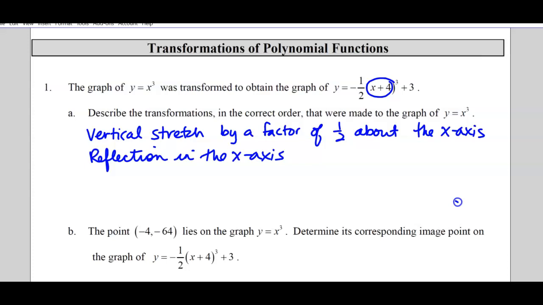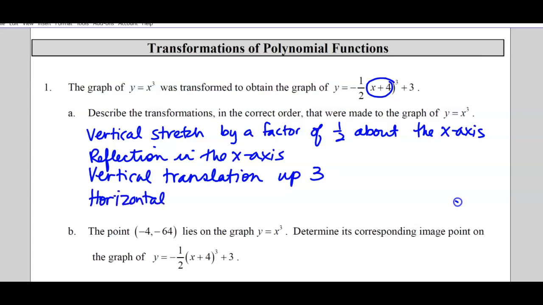And then you can do a vertical translation. Up 3 and a horizontal translation. Left 4.